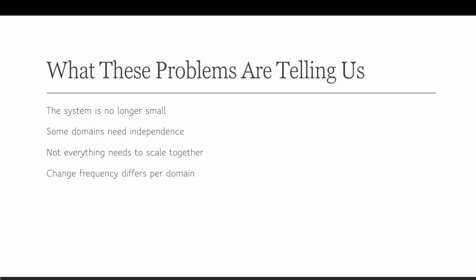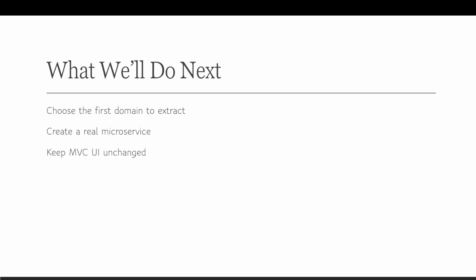If we need to keep doing payment integrations at a very fast pace, then having a separate microservice for payment integration will be a good choice. And not everything needs to scale together. If we need to handle more orders, the order-related microservice needs to be scaled. What we are going to do is choose our first domain to extract.